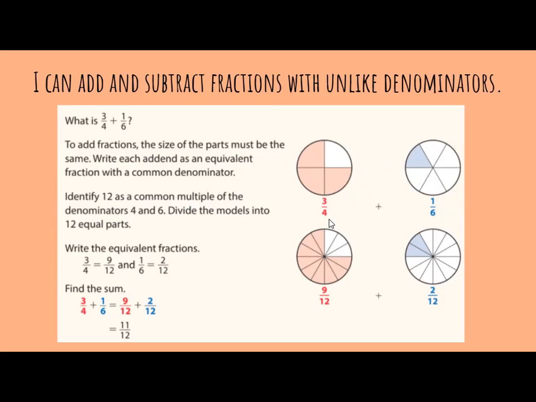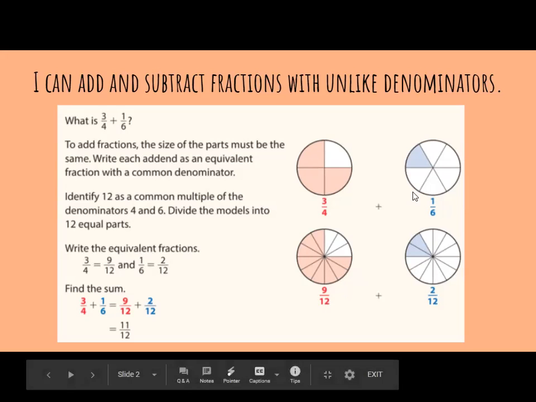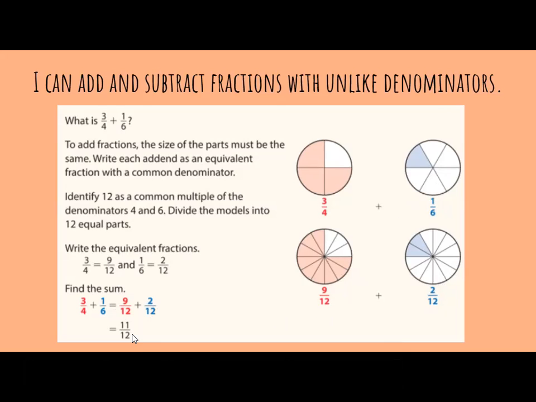So if we look, once we do that, we see that 3/4 is then equivalent to 9/12, and then 1/6 is equivalent to 2/12. So now we have two fractions with the same size parts, with the same denominator. So we can now find the sum and add 9/12 plus 2/12 to get a sum of 11/12.